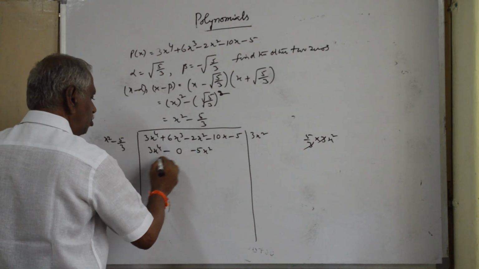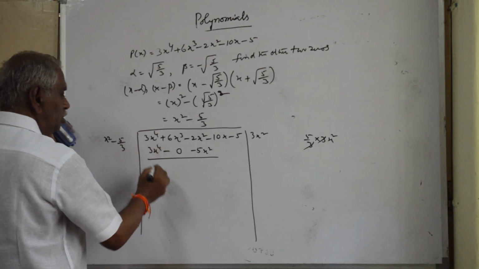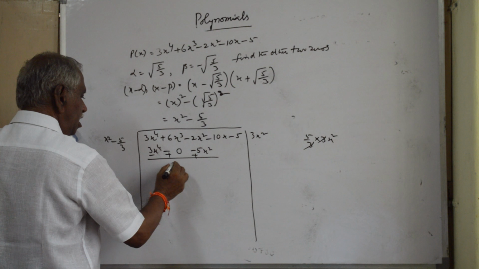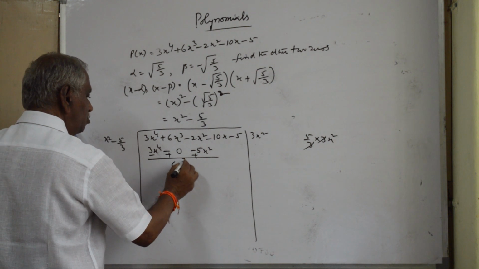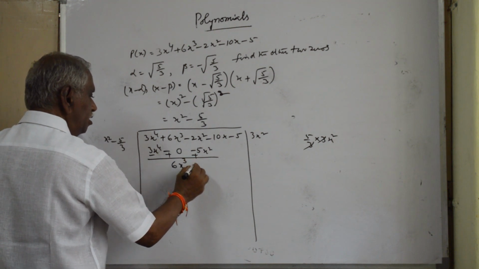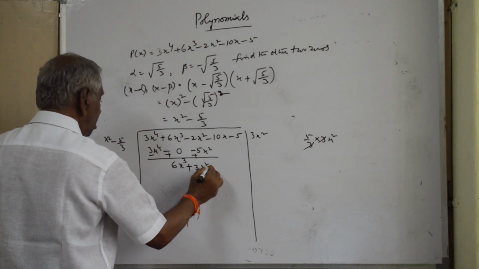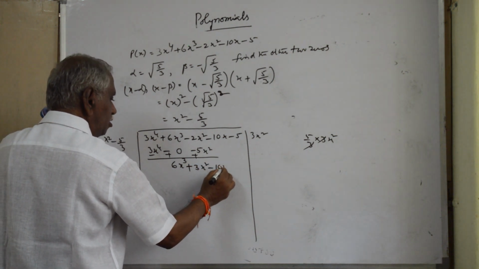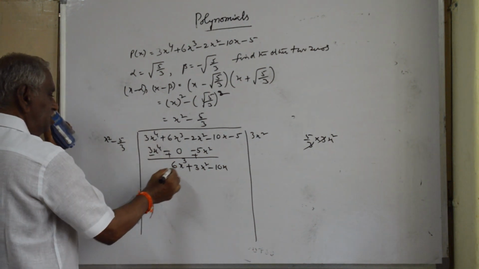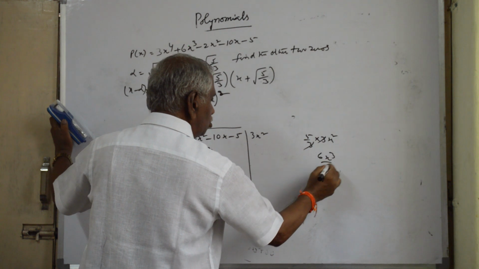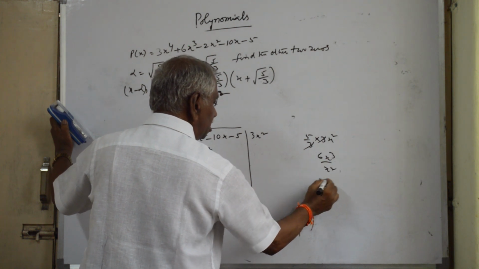But there is no x cube term here, so we can put 0 here, plus 6x cube, minus, it is plus 3x square. You can take minus 10x. Now, 6x cube by x square is 6x.